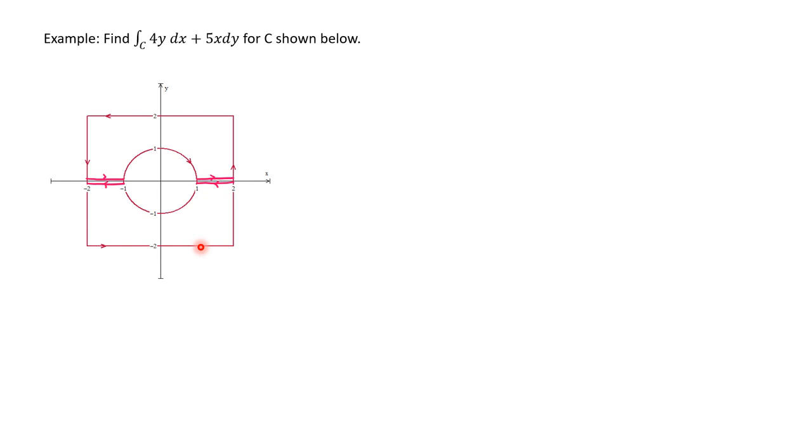We can think of this as traveling along the square and then cutting into the circle, looping around the bottom of the circle, cutting back to our square, and then coming back to my circle, back to my square, and then finishing where I started. So basically, I added a pathway that connects my square to my circle, going in each direction. And so now I can trace this object without lifting my pencil. I can trace it exactly once.